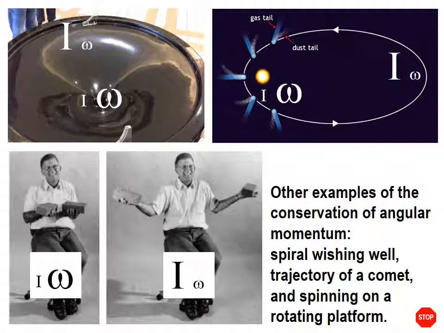When the bricks are held out, more mass is further from the rotational axis, so the moment of inertia gets larger, and if this individual is spinning, he's going to spin rather quickly. When he moves the blocks away from his body, because his moment of inertia increases, his rotational speed is going to decrease. All of those are examples of the law of conservation of angular momentum.